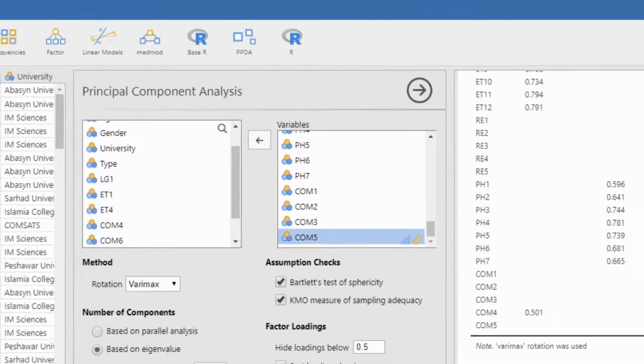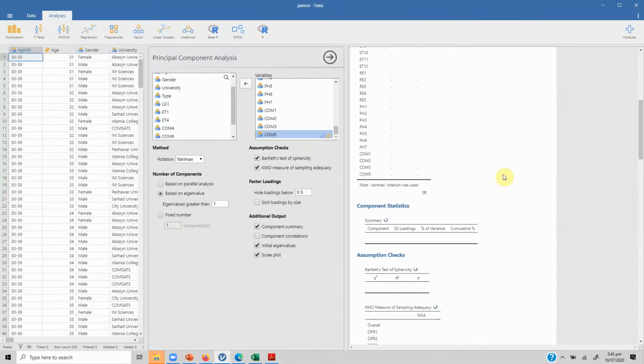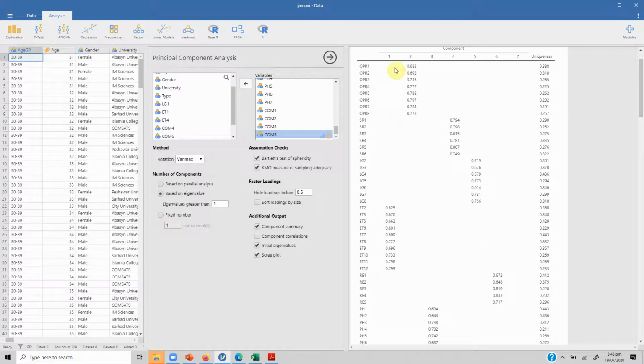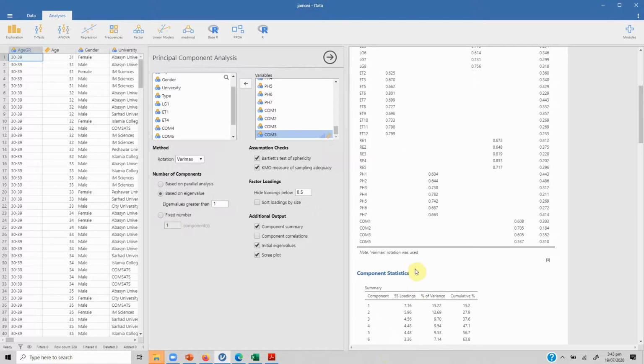Because you still have 4 items left, and you should have at least 3 items in a particular construct or factor or dimension. In this case it's 4, so we will keep it. Now we see a more clear factor structure. You can arrange it in the Word document like this: this will be 1, this will be taken to 2, 3, 4, so it will become a ladder-like structure.